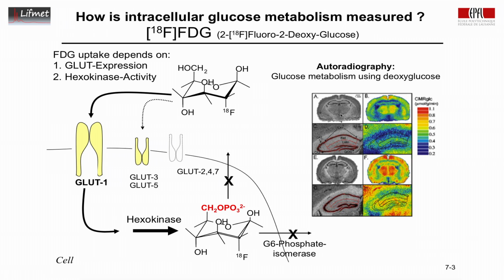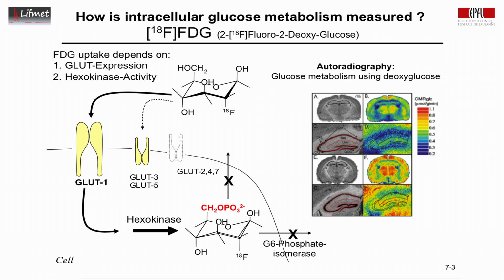We see on the left the images, and on the right in the color code, we see the glucose metabolic rate, with warm colors being a higher glucose metabolic rate and cool colors being a lower glucose metabolic rate. So these brain slices are placed on a radiographic film, and then the emission of the radioactivity from C14 and or tritium, those are beta particles, is being recorded on the film, and this gives us the color-coded images.